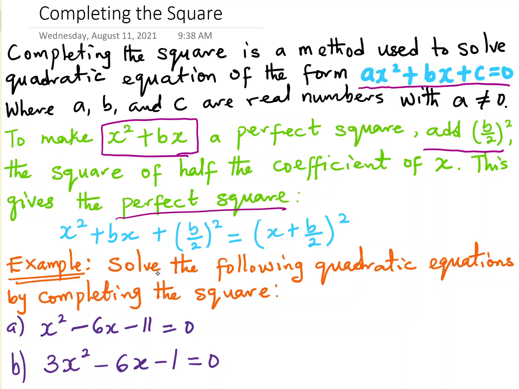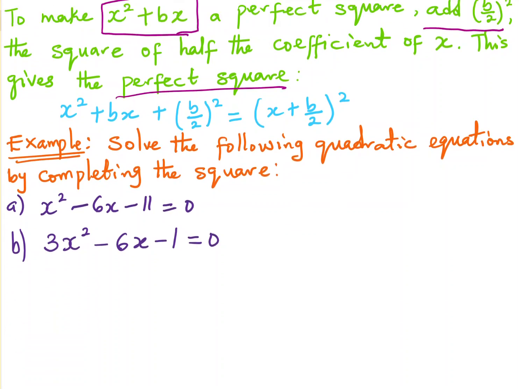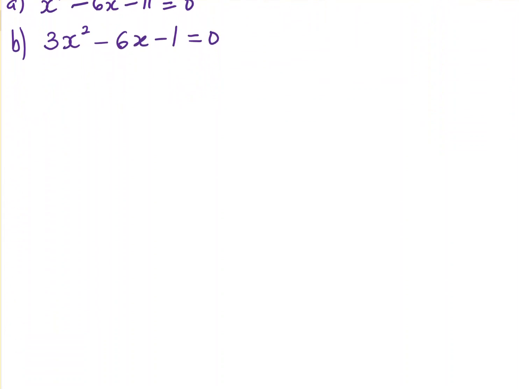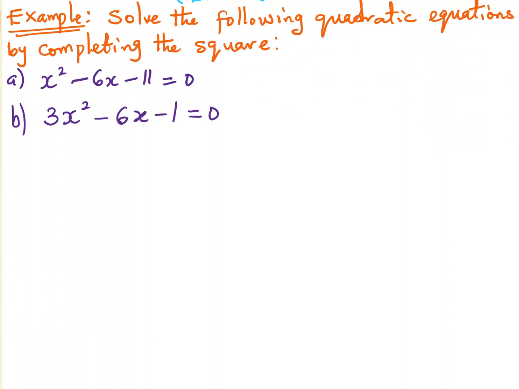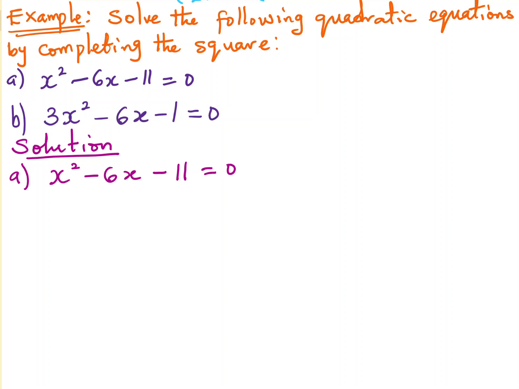So, example, solve the following quadratic equations by completing the square. So, the first one, let us have the solution. The first one, we have x squared minus 6x minus 11 equals 0.